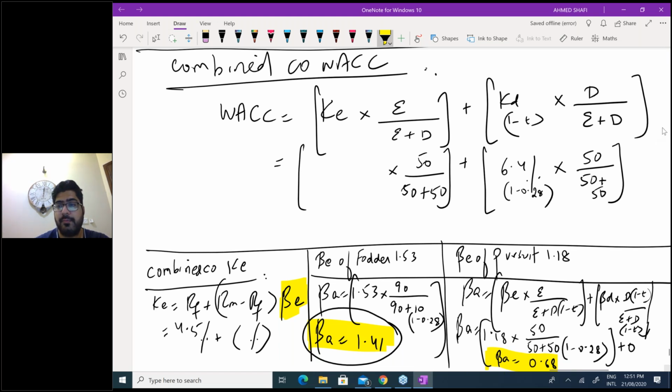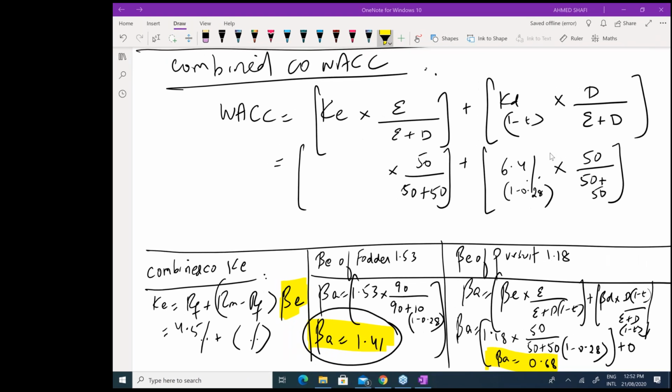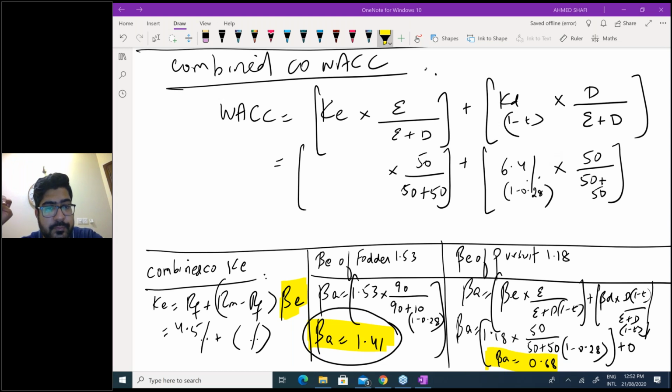Copy this, and if you have any questions up till now. Whenever you have to get beta asset, you need to ungear.